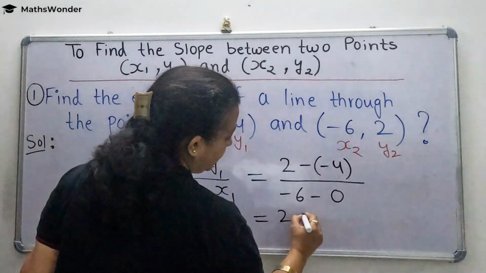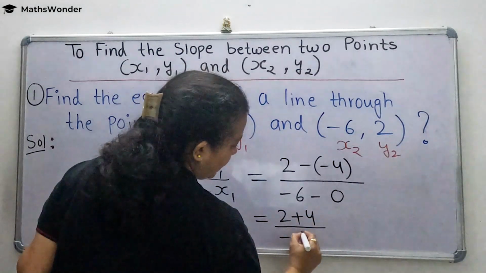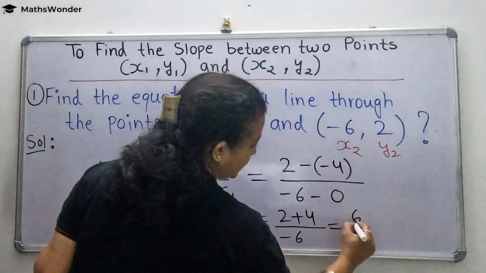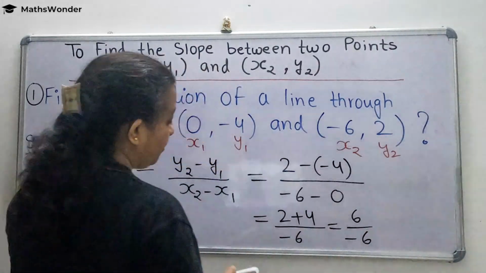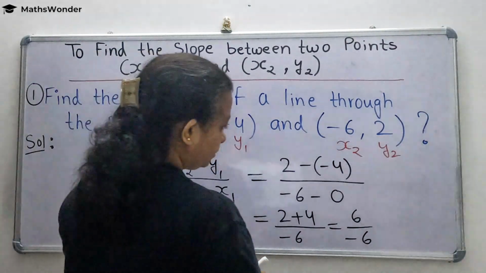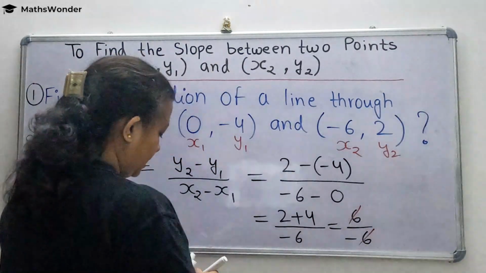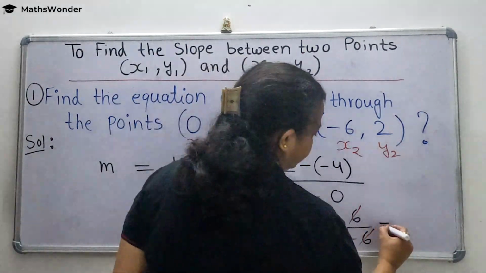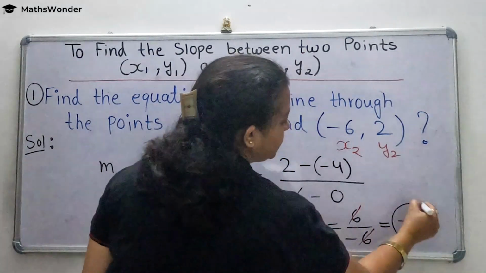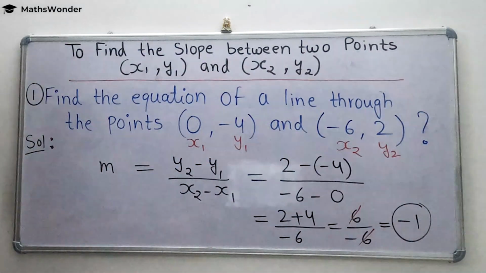So 2 plus 4 is 6, and negative 6 minus 0 is negative 6. So basically 6 over negative 6. When you simplify this, you will get negative 1. So this is your answer. This is the slope of the given two points. Okay.